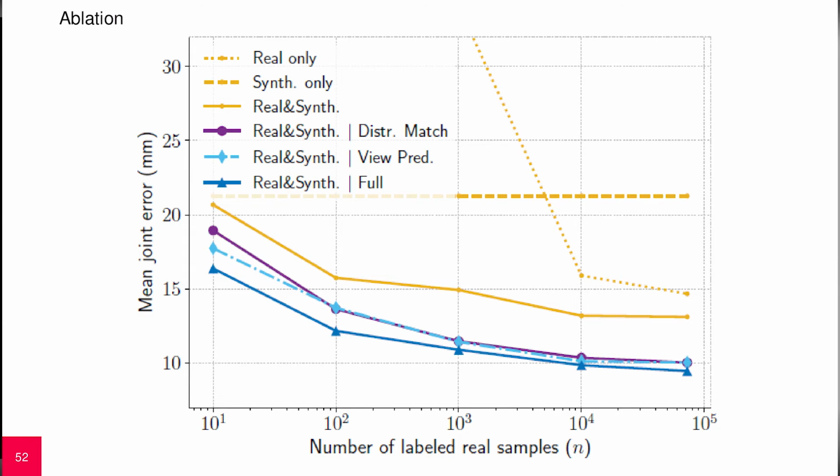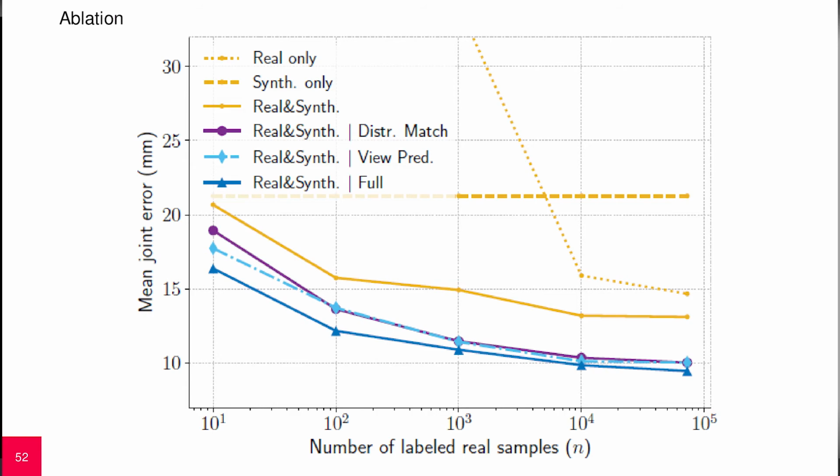You really need a high number of samples to get a reasonable accuracy. Then if you only have synthetic samples, the error as a function of the number of labeled real samples is constant, but you're still not getting very satisfying results in the end.